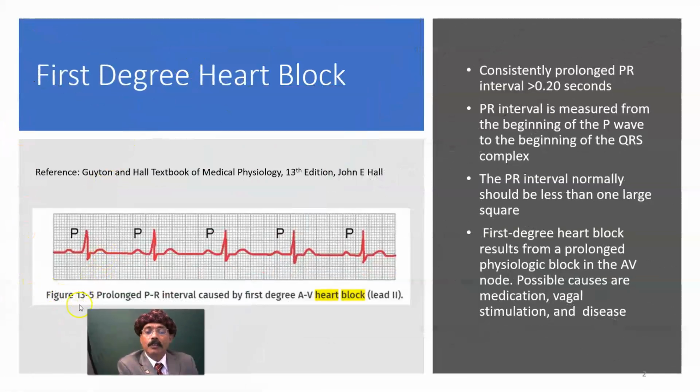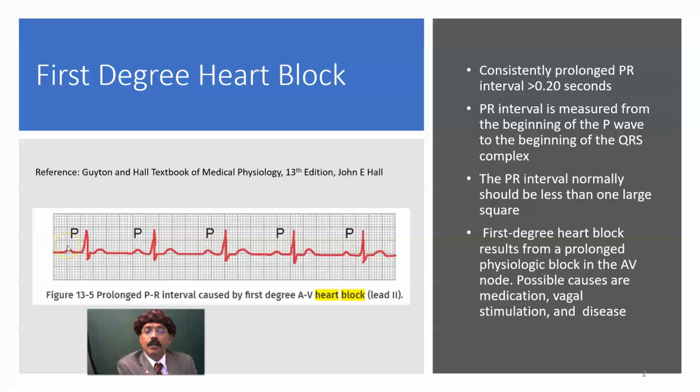We have here a prolonged PR interval. PR interval is from the beginning of the P to the QRS complex. It should always be less than a big box, or should not cover more than 5 small boxes.